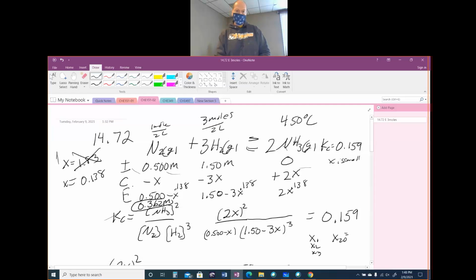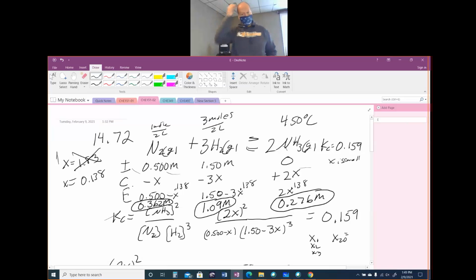That is our equilibrium concentration of nitrogen. 1.09 is our answer for hydrogen. And 0.276 is our equilibrium concentration for NH3.